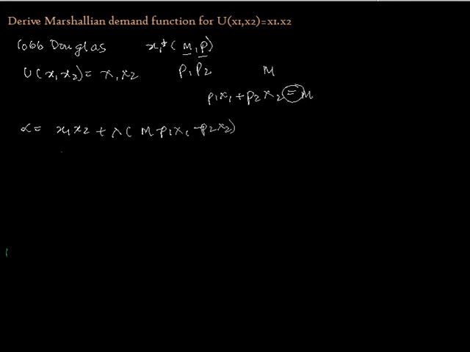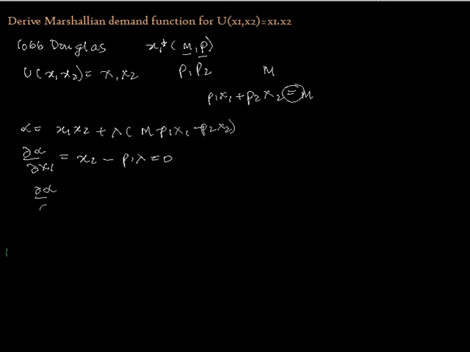Now, how will we find the first order conditions for this? We'll find three partial derivatives: one with respect to x1, another with respect to x2, and the third with respect to lambda. So del L by del x1 is x2 minus p1 lambda equals 0.